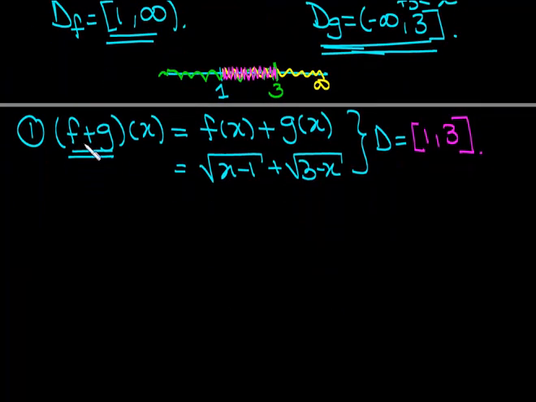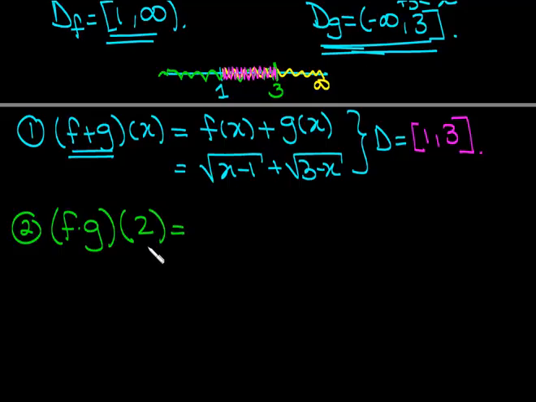Alright, let's say that they come and ask us to find f times g of 2. Now, they didn't ask us to find the function. They just want you to find f times g of 2. So they want you to find f of 2 multiplied by g of 2. So what is f of 2?